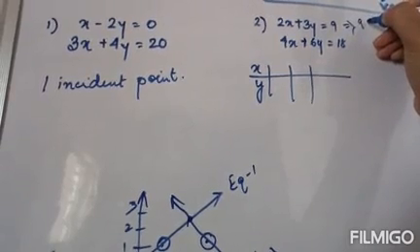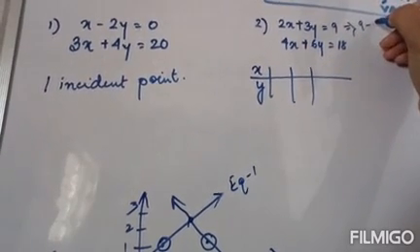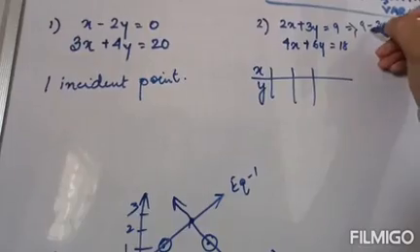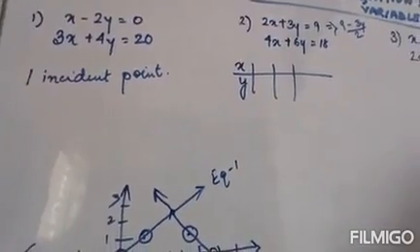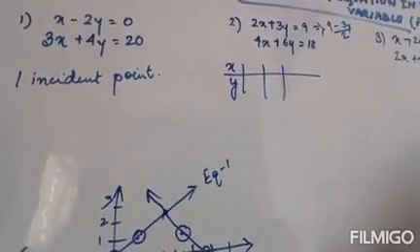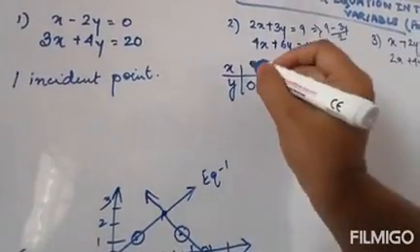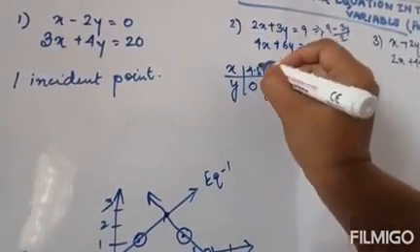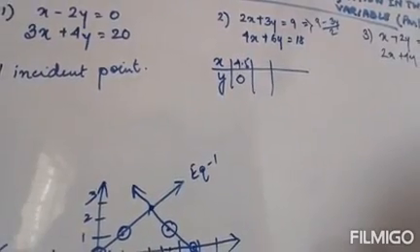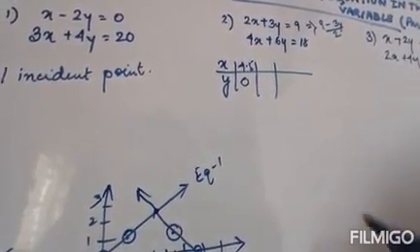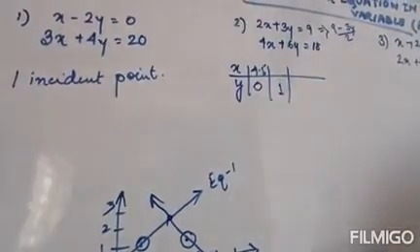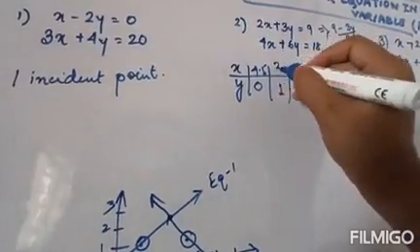x = (9 − 3y)/2, correct? So let us take y as 0, x will be 9 by 2, which means 4.5. Okay, when I take y as 1, x becomes 6 by 2, which means 3.